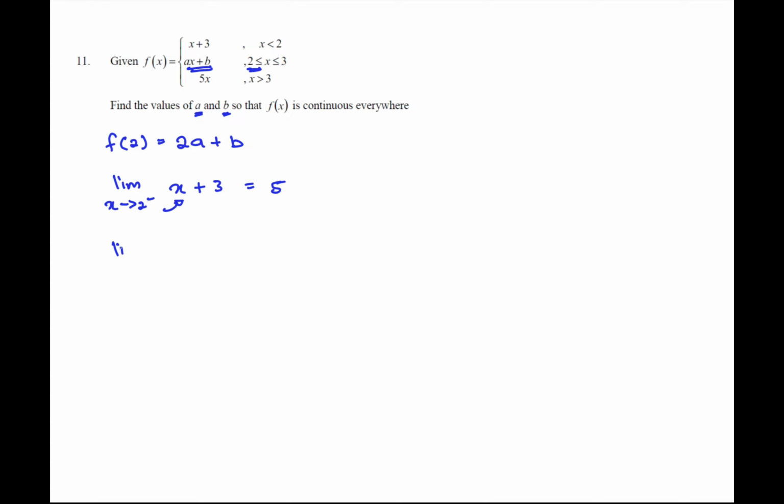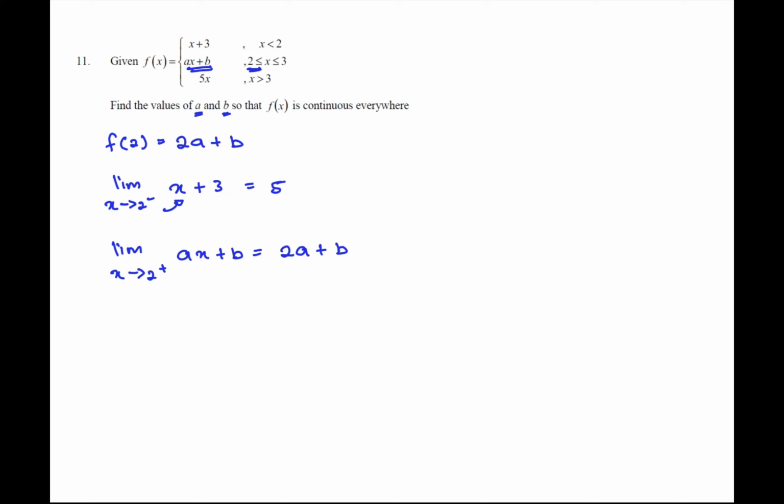And then the limit as x approaches 2 from the right, which is ax plus b. If we substitute 2 here, we get 2a plus b.